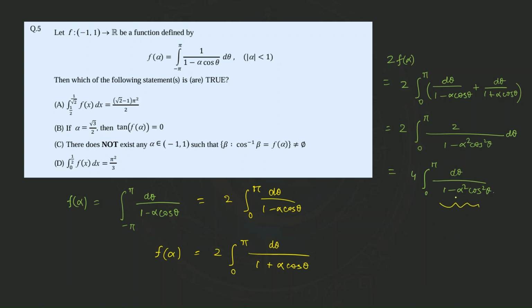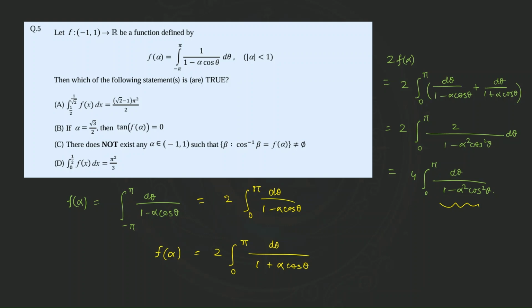Whenever we see even powers of cos or sine in the denominator, we generally divide by sine square theta or cos square theta depending on the situation. So for example, here it is cos square theta, so we divide by sine square theta to create a cot square theta here and cosecant square theta here, and also a cosecant square theta in the numerator.